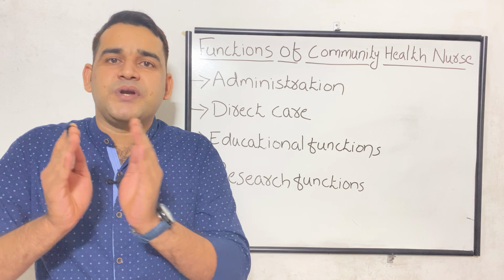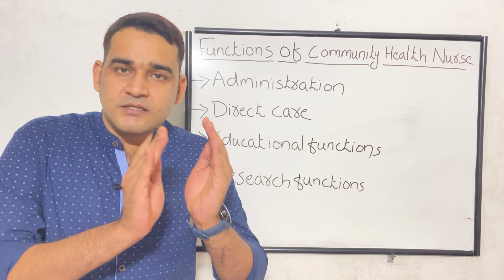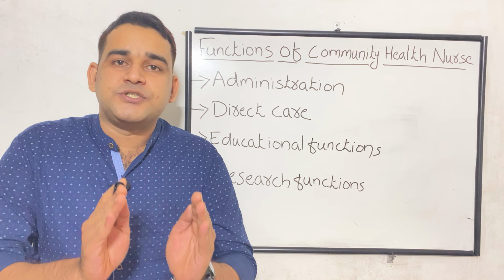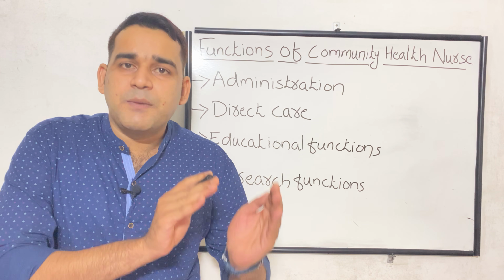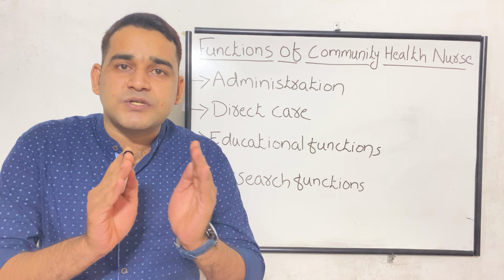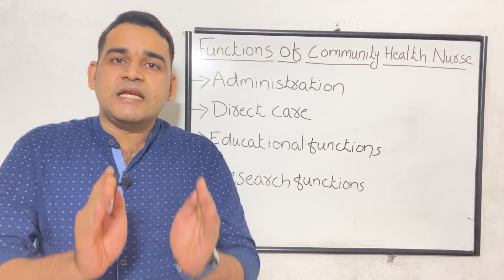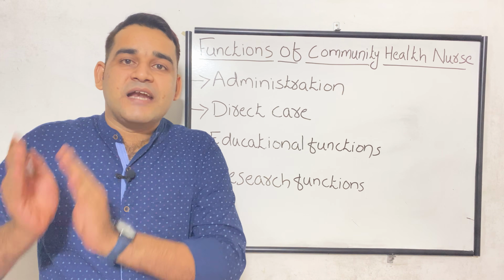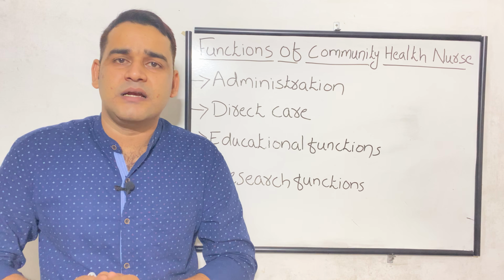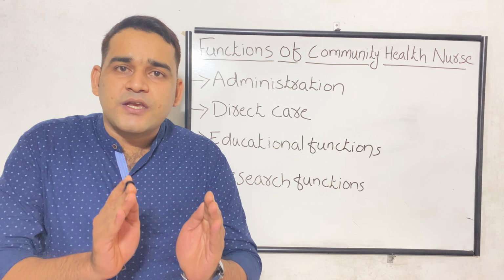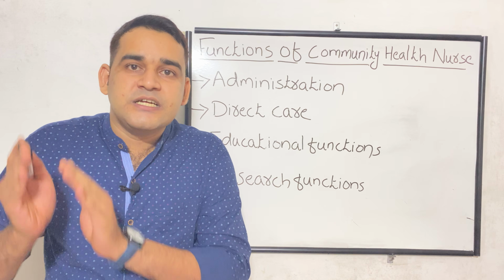So as a community health nurse, she should identify that problem and try to identify a solution to that problem. Or in a community, a question will be there that is not solved at present. There is no answer to that question. So in the research function, the community health nurse is trying to find an answer to that question related to patient care.